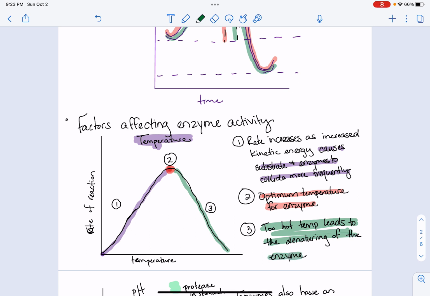Denaturing is when an enzyme loses its shape, and it's irreversible.